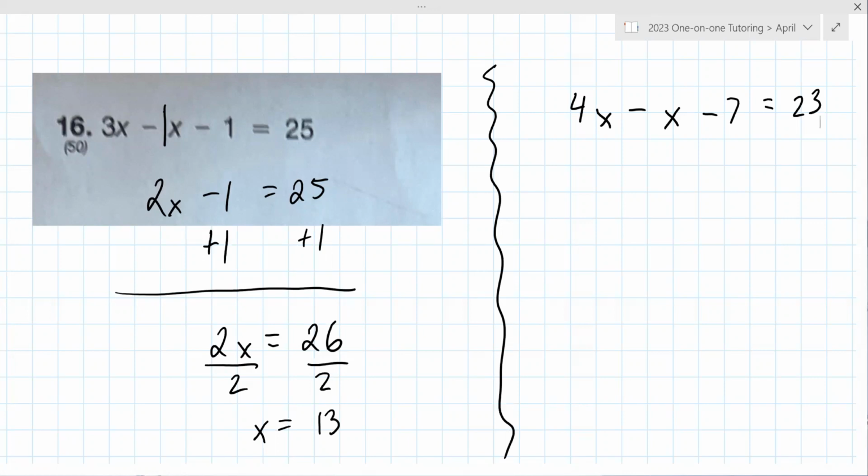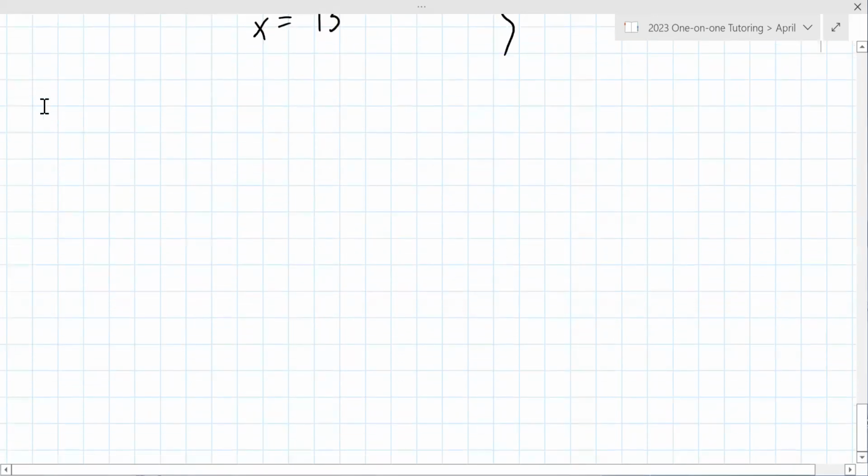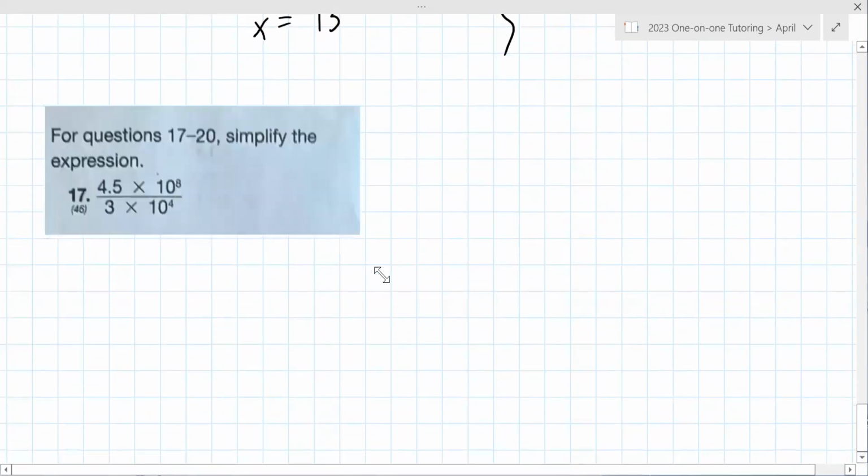X equals 10. Yes, x is 10. Very good. I kind of remember us having some trouble on some of these solving problems, but you did really well on those, so I'm not sure anymore. But if we get some time at the end, we'll do a couple more here.